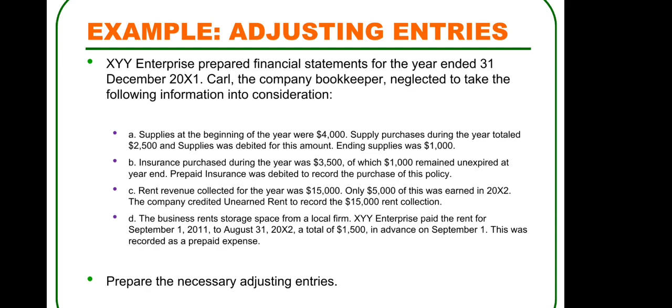At the end of the year, 31st of December 2000x1, the business has to do an adjusting entry. The adjusting entry for prepaid expense is like this. You have to calculate how much from this 1,500 prepaid rent has become rent expense.